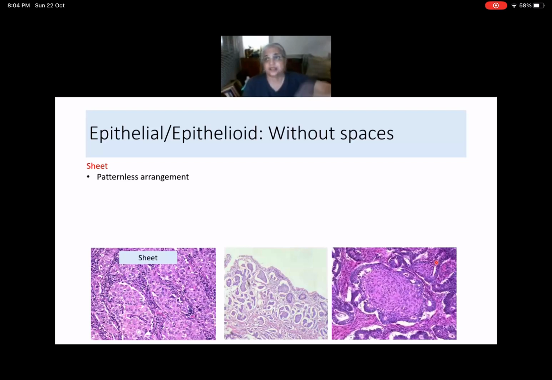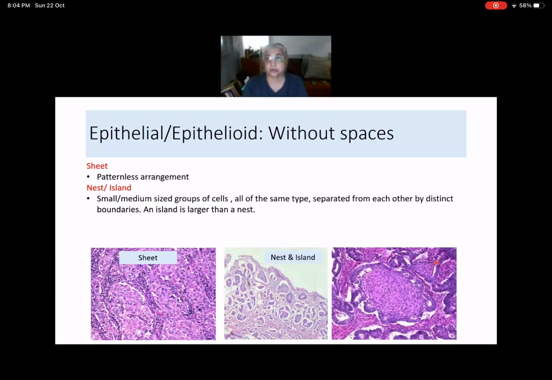Now, what do you call this pattern here on the right hand side, Sudesh? All right. That's a sheet. And I told you a sheet is a patternless arrangement. The cells are in no pattern at all. It's the stroma that is causing a dissection through this. The second one is nest or island.